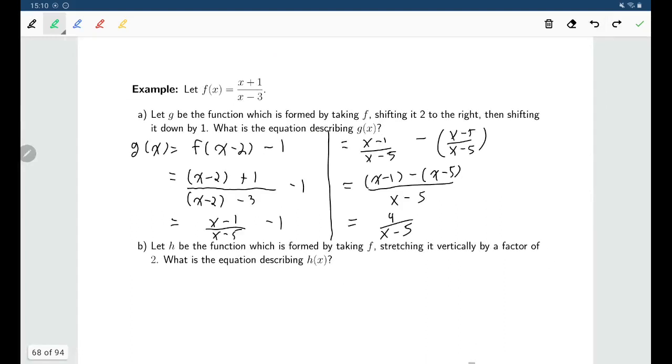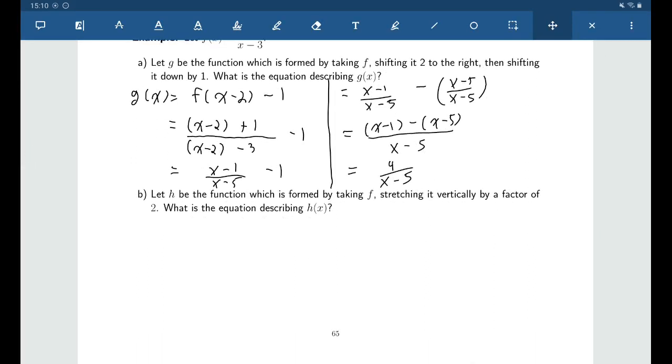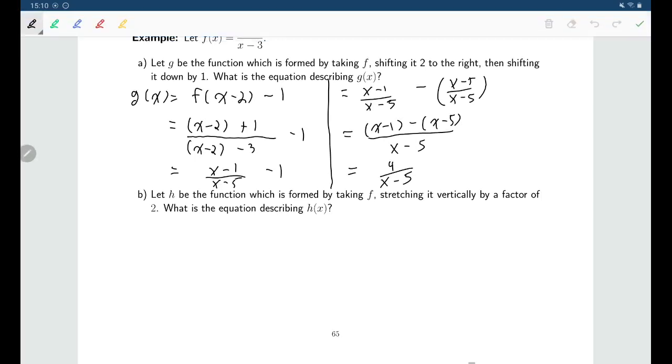All right, so next we had g of x, and now we want to create h of x. h of x is the function that we get by taking f and stretching it vertically by a factor of 2. And so we know what to do here, that h of x should be found by taking f of x and stretching it by a factor of 2, and a vertical stretch is when we multiply the entire function by a constant.